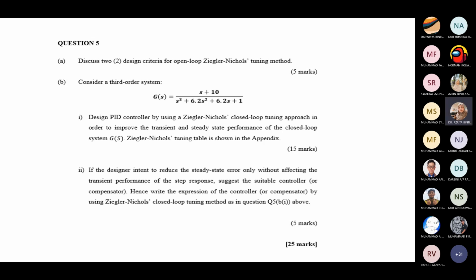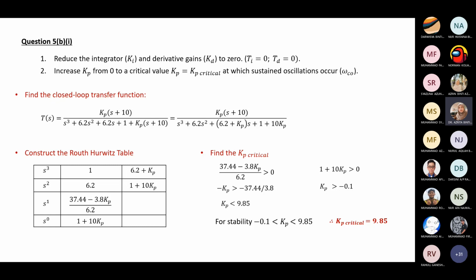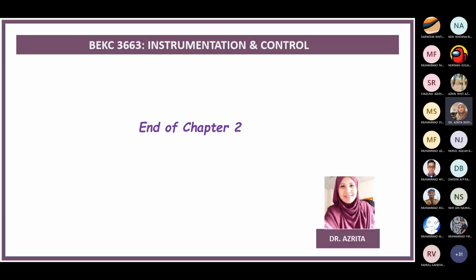Question 5: you need to answer this question using the Ziegler Nichols. So you can go through it by yourself. In this note, I also give the answer scheme, so you can try by yourself and compare with this answer scheme.